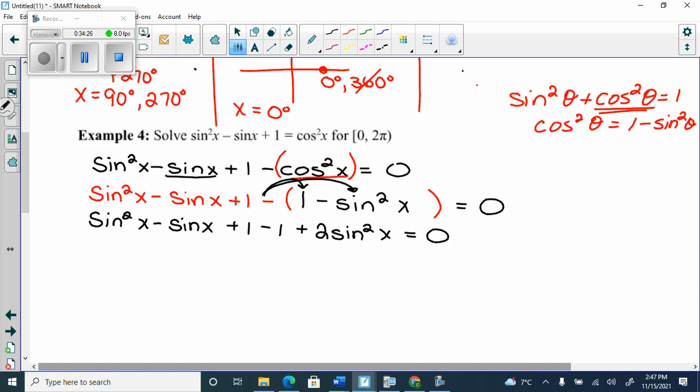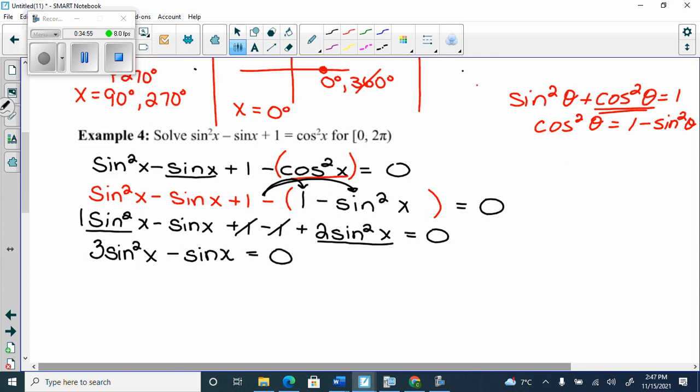Now what can I do? Collect like terms. The 1 and the negative 1 cancel. So I just get 1 sine squared x plus 2 sine squared x's is how many sine squared x's? 1 plus 2 is 3 sine squared x's. And then minus sine x. And then it equals 0.